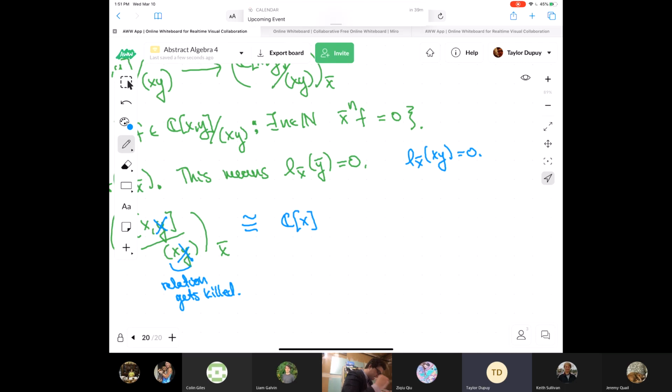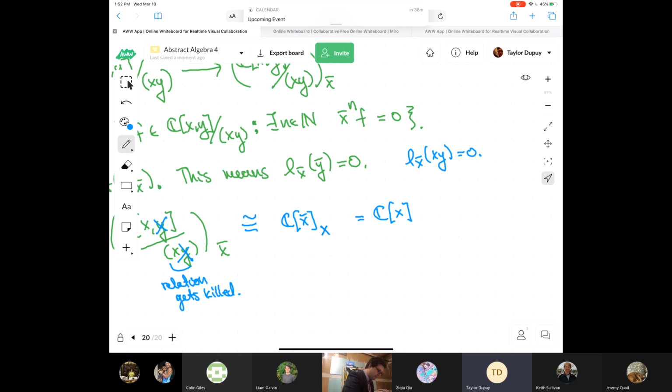So this thing is just this. You could write it like this, but there's no bar anymore. It doesn't matter because there are no relations on it. Or sorry, not parentheses x. Parentheses x would mean the ideal.